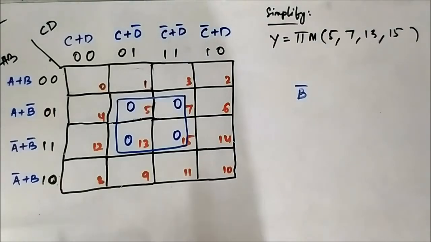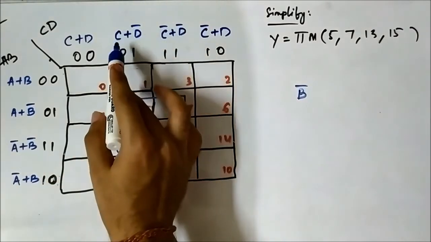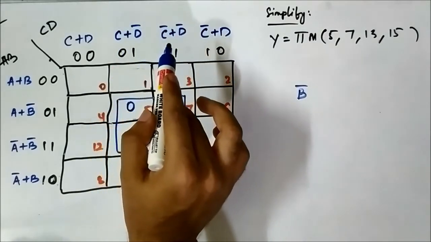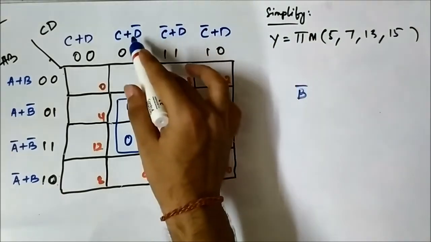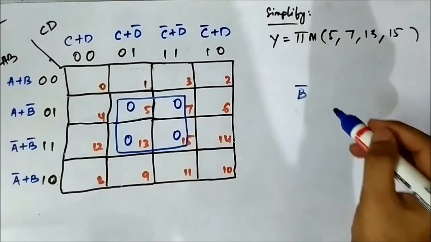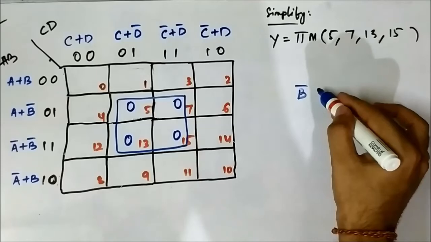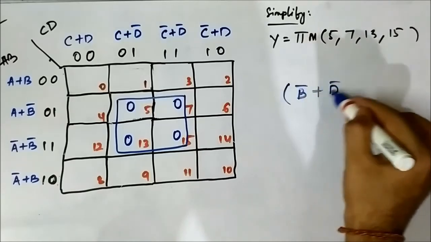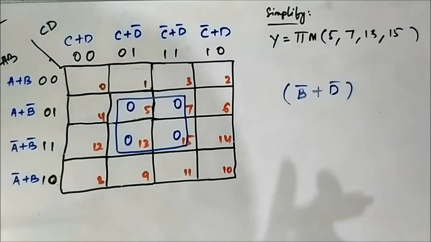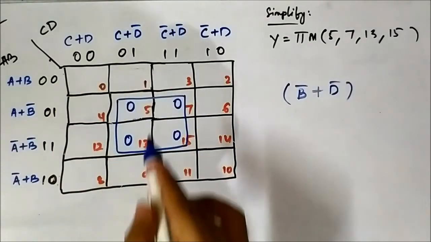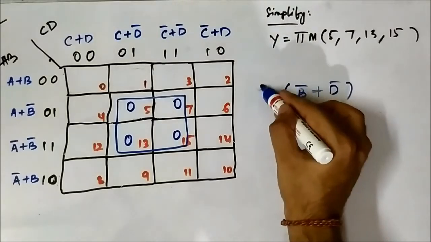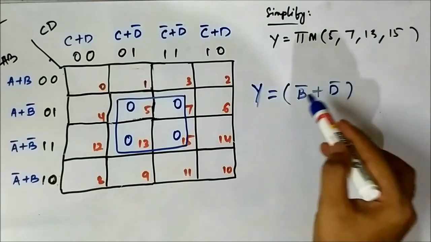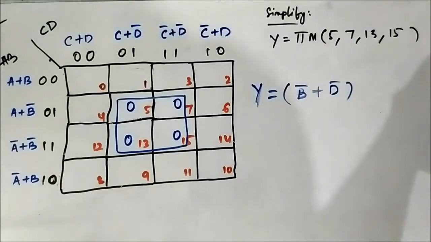Also the vertical side we have the components C or D bar, C bar or D bar. So here D bar is common, so that will also be there. Now there are no other groups here, so this is the only group here, this quad. So this is the simplified Boolean expression, B bar or D bar.